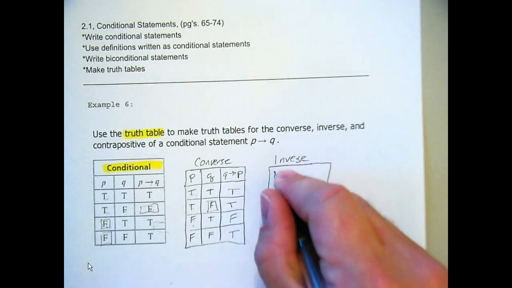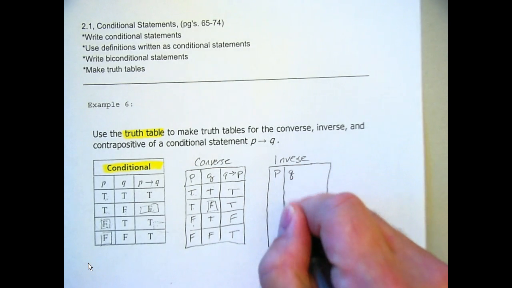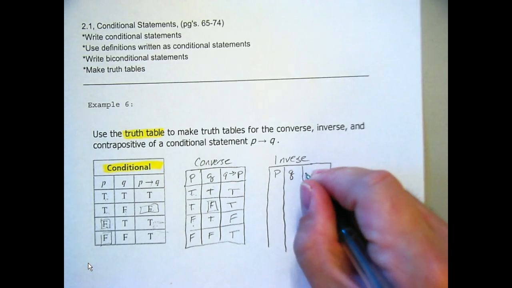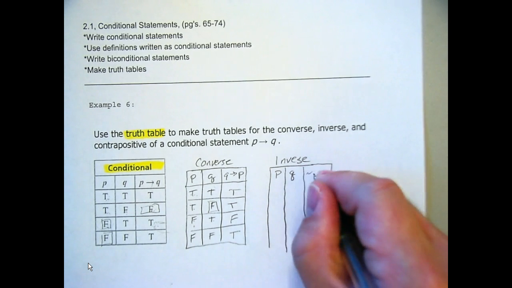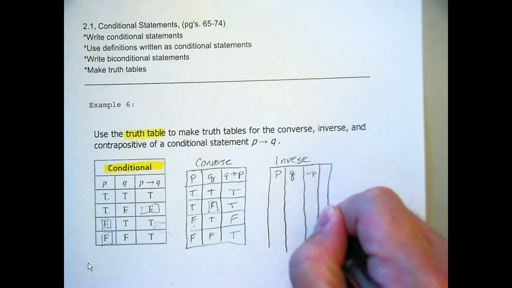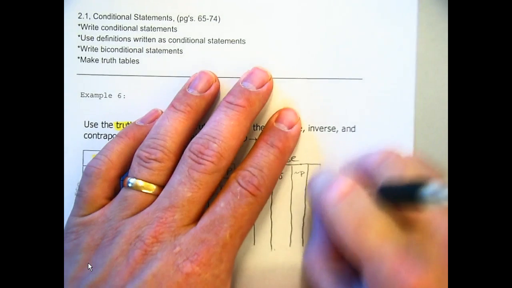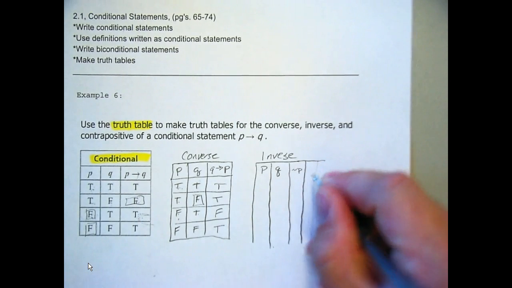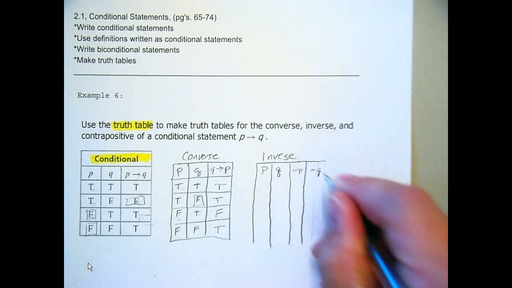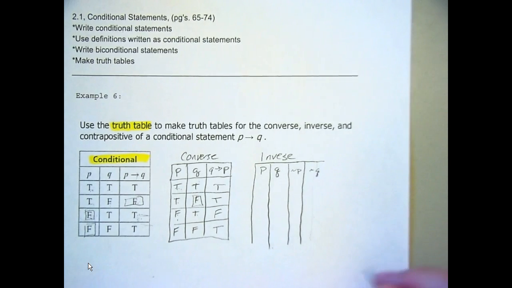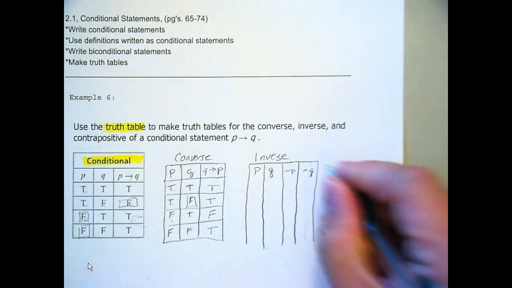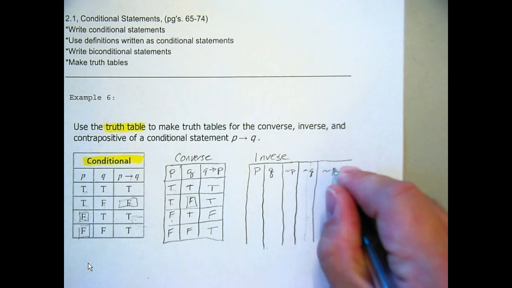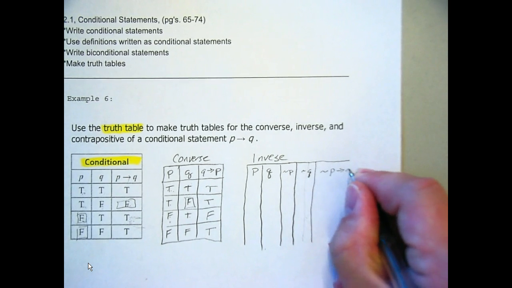We're still going to have P. We're still going to have Q. But we're going to add two new columns: not P, and not Q. I should have given myself a little more room here. Then the actual inverse, the final statement, would be if not P, then not Q.